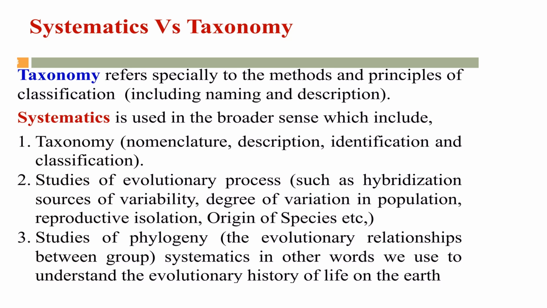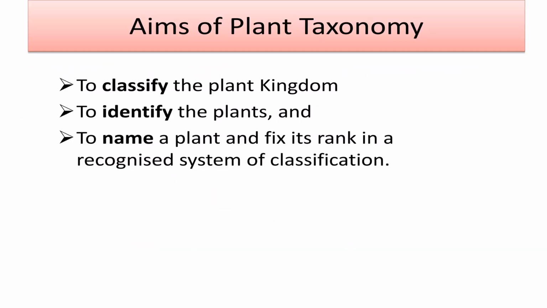Then studies of evolutionary processes such as hybridization, source of variability, degree of variation in population, reproductive isolation and origin of species, etc. Then studies of phylogeny, that is the evolutionary relationships between groups. Systematics, in other words, we use to understand the evolutionary history of life on the earth. So now we will see one by one.